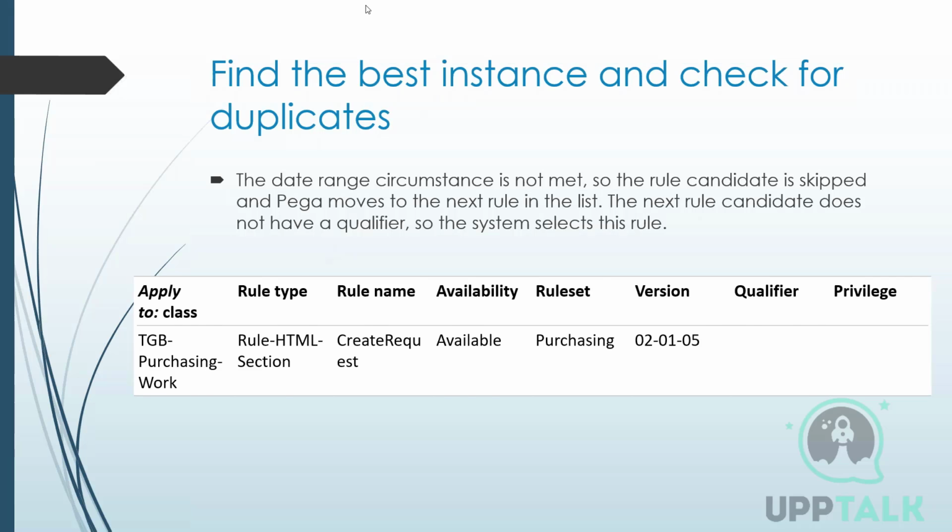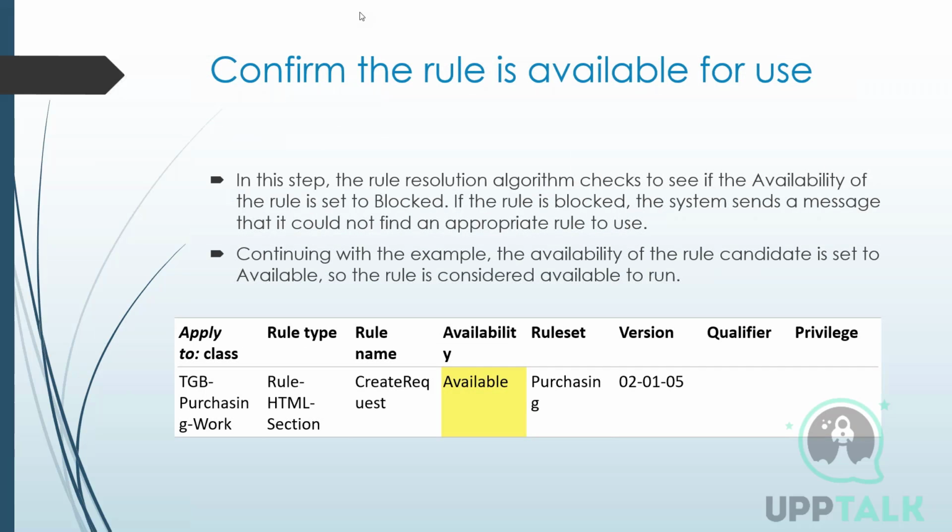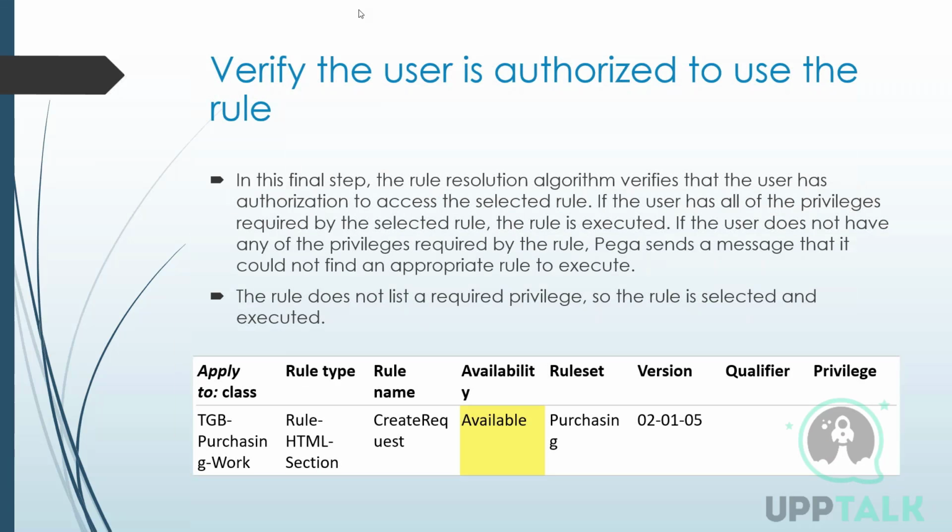The next step is checking if it is blocked. Is this rule available or is it blocked? It will be checked. No, this rule is available. Fine. Your last step is going to be to check if there are any privileges for the user. We know privileges are for each specific rule, for an operator to access it.